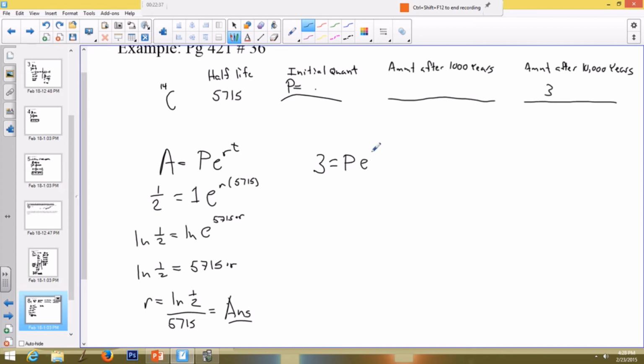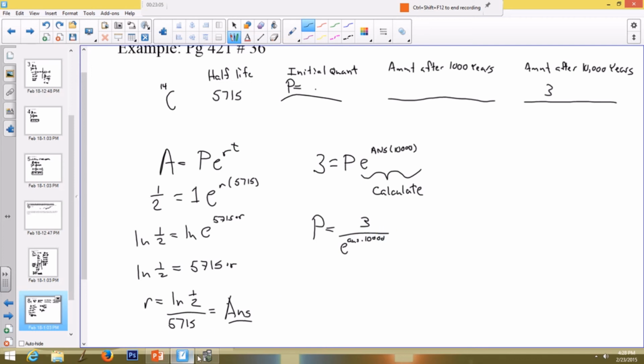So I've got 3 equals P times e to the ANS times 10,000 years. This expression here is just a number because I know everything. Just divide both sides by that. So P is going to equal 3 over e to the ANS times 10,000.